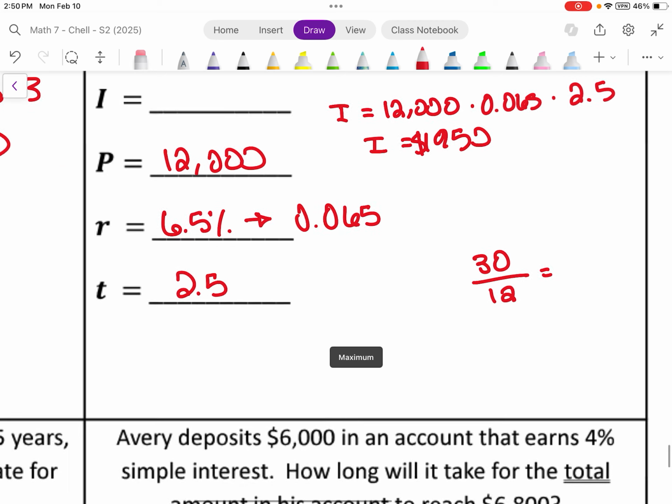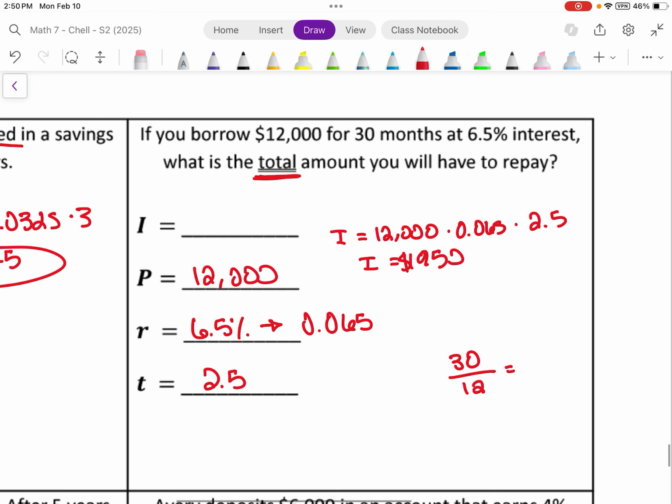Okay, so our total amount is going to be our interest plus your principal.